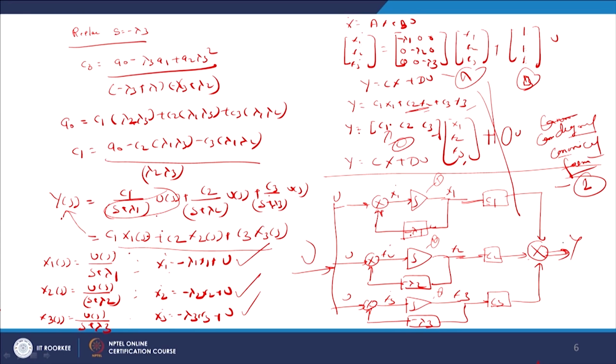So this is y equals c1 x1 plus c2 x2 plus c3 x3, and x1 dot equals lambda 1 x1 plus u, x2 dot equals lambda 2 x2 plus u, and x3 dot equals lambda 3 x3 plus u. So we have developed the block diagram of the diagonal canonical form. These are the state equations and this is the block diagram.